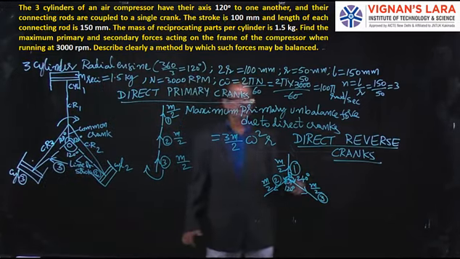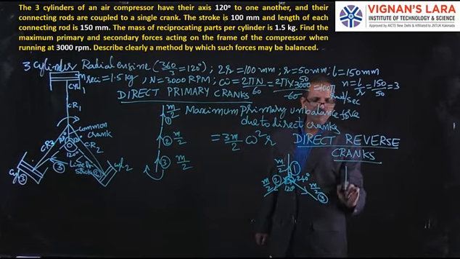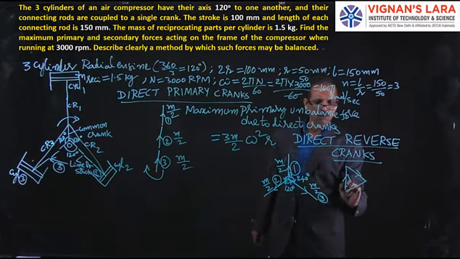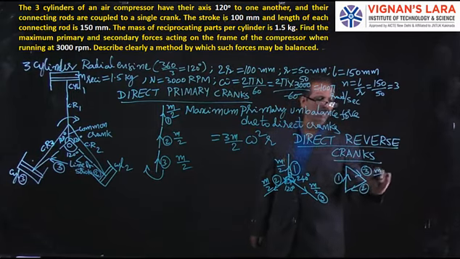So if you draw the force polygon for the reverse cranks, then you get a closed polygon. This is for 1, this is for 3, and this is for 2. All of them are m by 2 r omega square.